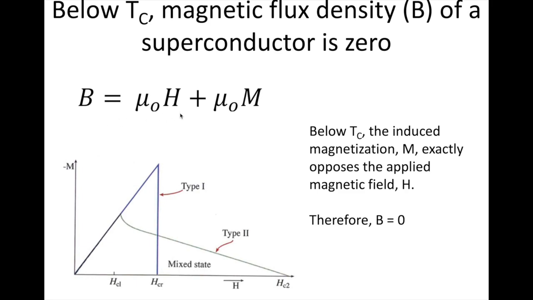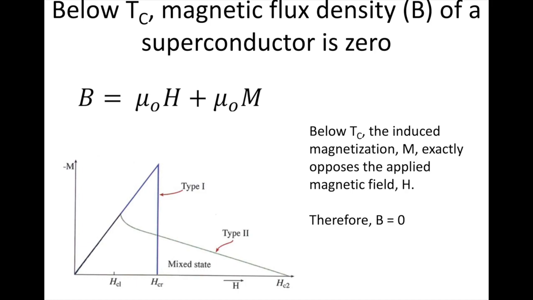The applied magnetic field is applied by a magnet or something like that, and the induced magnetization exactly opposes the applied magnetic field inside the superconductor, and therefore B in this equation is going to go to 0.